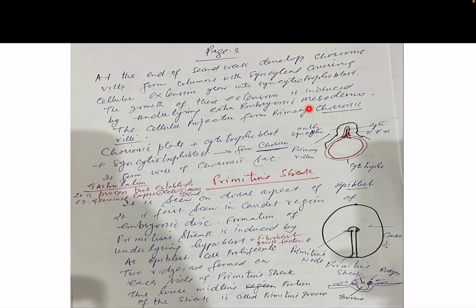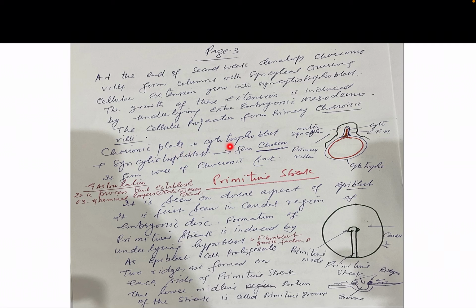So primary villi formation, which is only cyto and syncytio, is induced by the underlying extraembryonic mesoderm. Then the extraembryonic mesoderm itself also penetrates this villus and changes it into secondary villi.